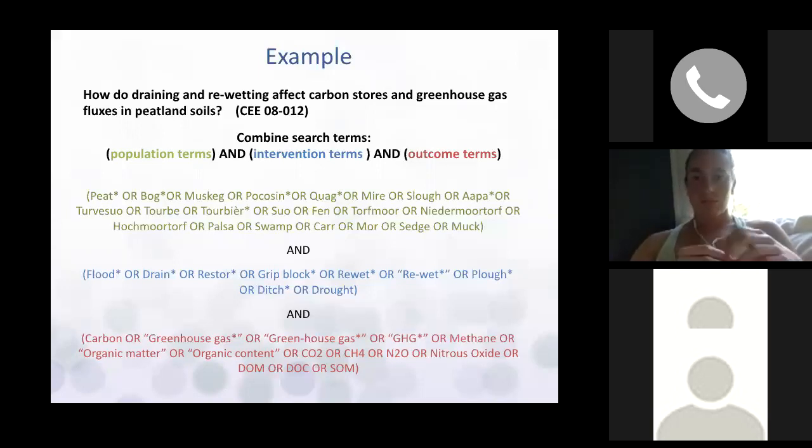If you think about mathematical equations, you do whatever's in the parentheses first. So in this case, if you didn't use parentheses, it would say peat or bog or whatever, and so it wouldn't take one of those terms in combination with the next set of terms and then the next, it would treat them as individual search sets. Okay.